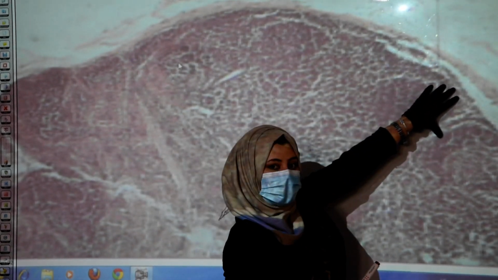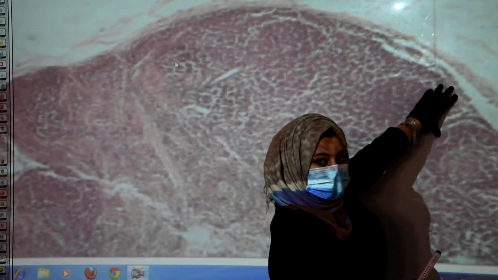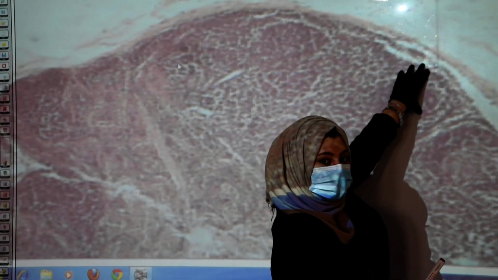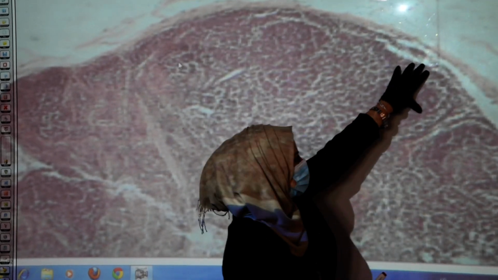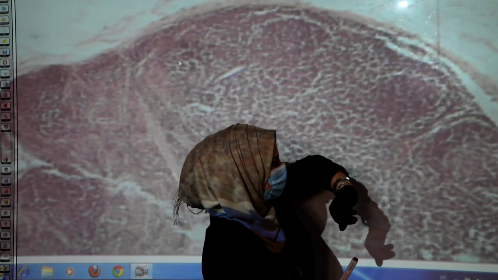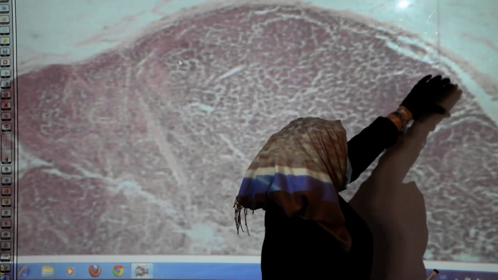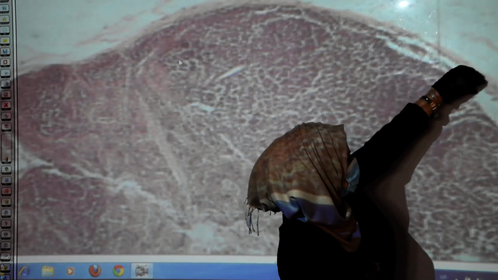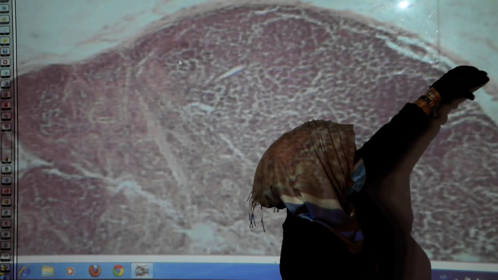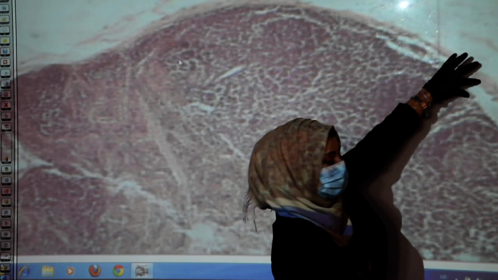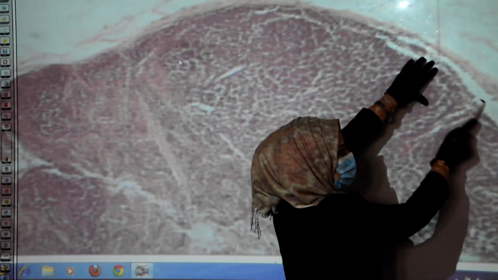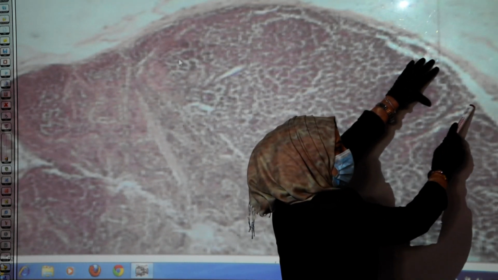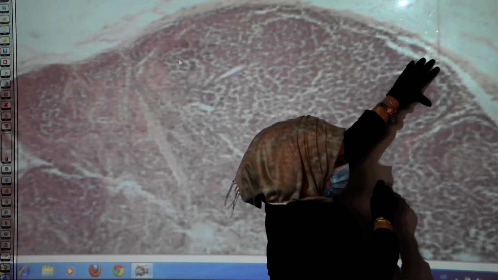It's considered the place of entrance of the afferent lymphatic vessels at this surface, okay? And there is a space between the first layer and the collagenous connective tissue capsule. It's called the subcapsular sinuses. It's the place where the lymph drains to the other parts of the gland.